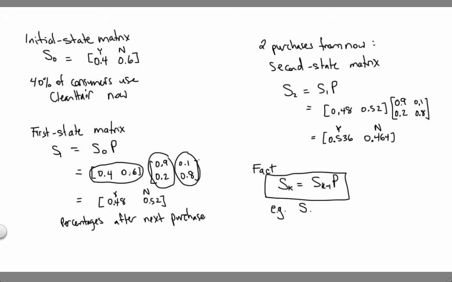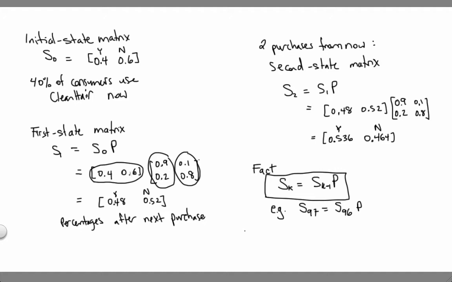If I wanted S97, for example, 97 shampoo purchases into the future, then I'd have to take S96, which I would have previously calculated, and multiplied that by P. So that's what that's saying.